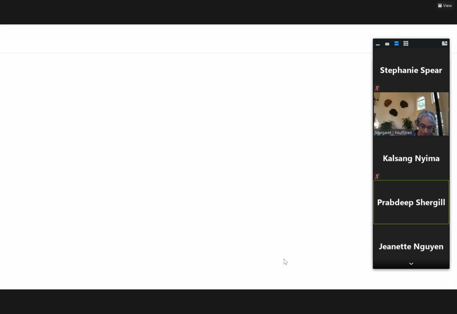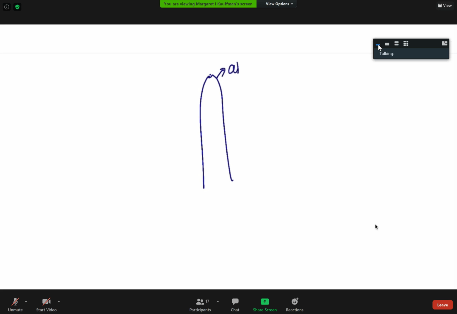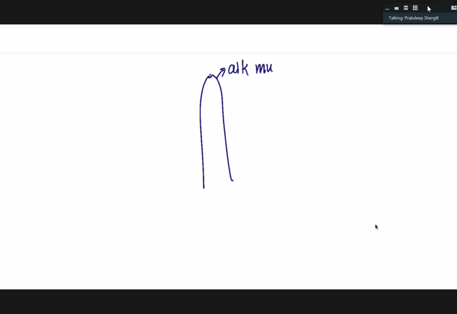Next is the parietal cells. They secrete the HCl and intrinsic factor to regulate both of the previous two layers.